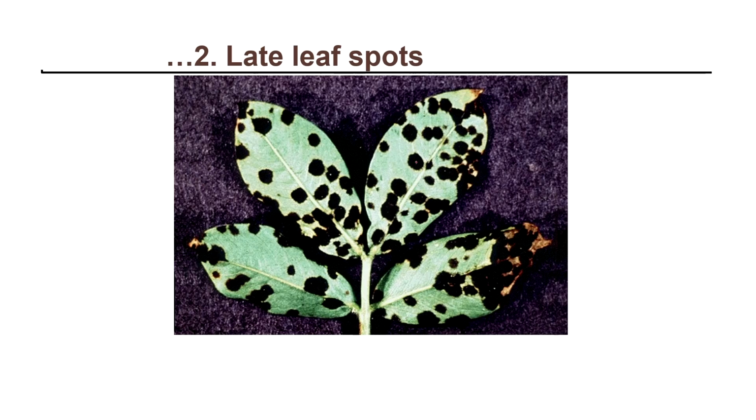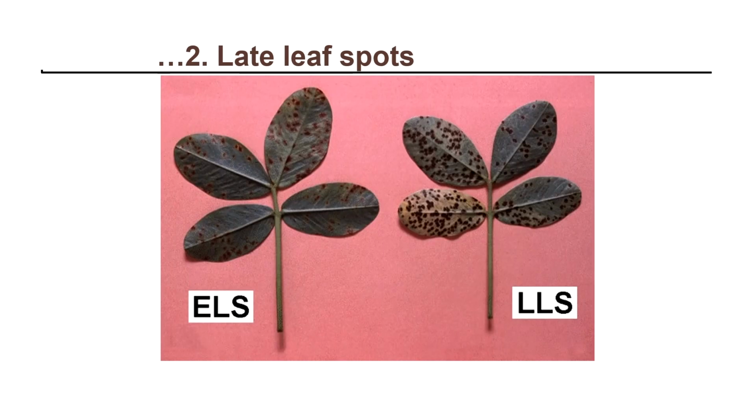Now, you can see dark brown spots, very dark or blackish spots. So, these are the typical symptoms of late leaf spot, and you can see this particular leaf is drying from the tip.